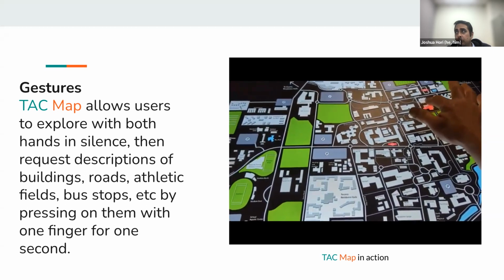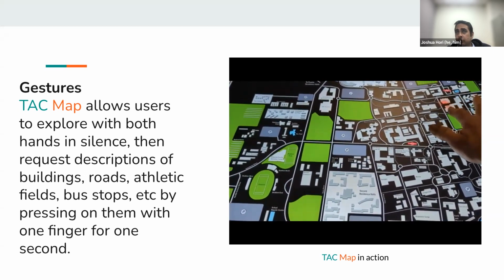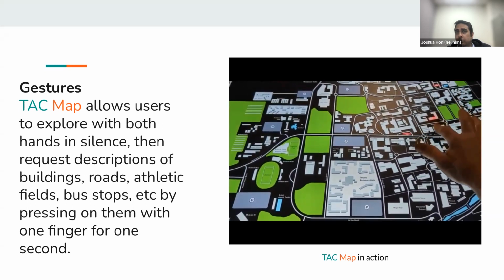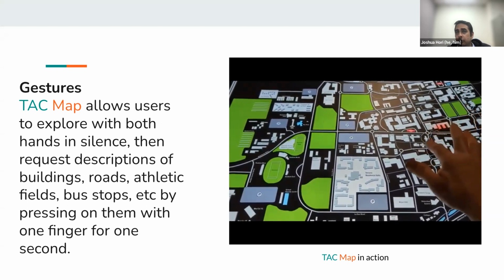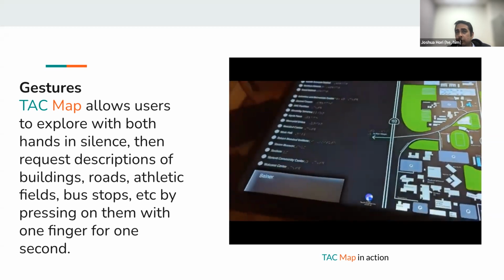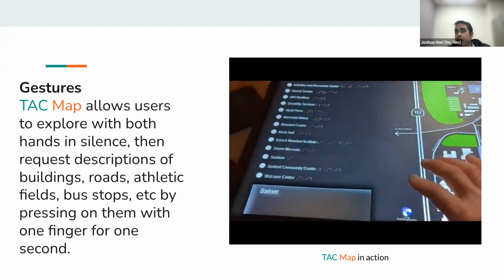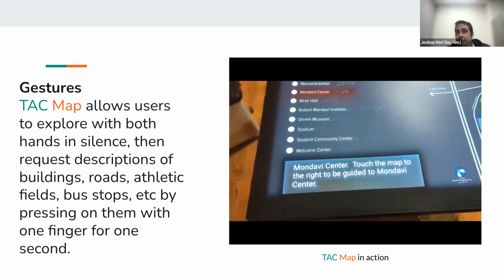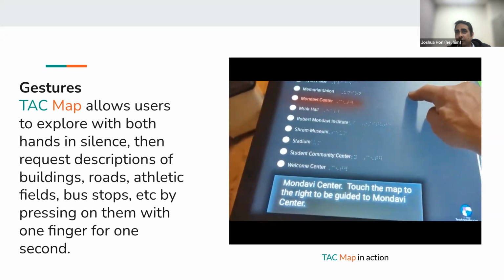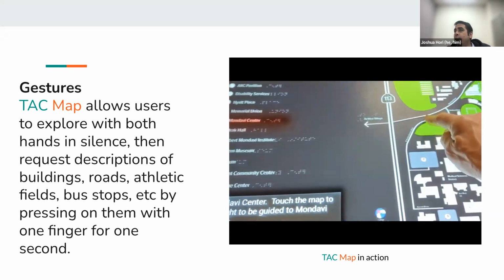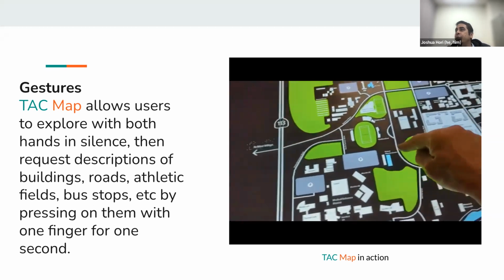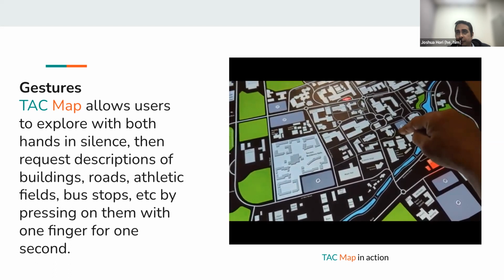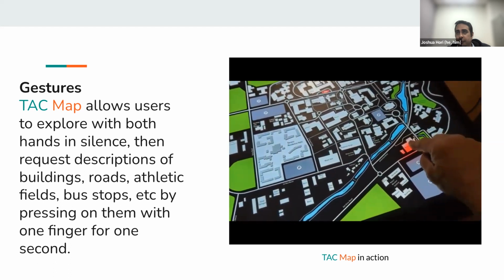Memorial Union. Freeborn. Hart. Walker. Boehner. Now you can see the captions appearing on the left-hand side. Mondavi Center. Touch the map to the right to be guided to Mondavi Center. Now it's playing a little audio pitch as they move their finger closer to the location they're trying to find. This is Mondavi Center.